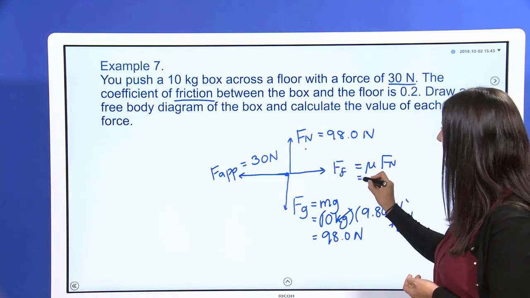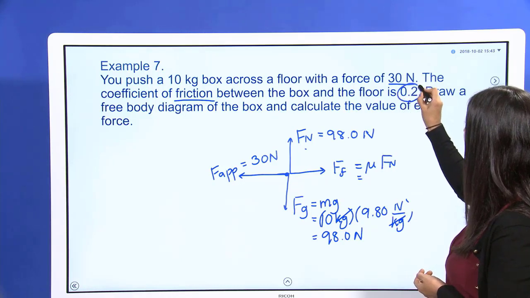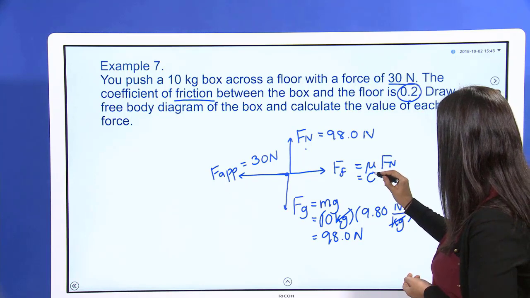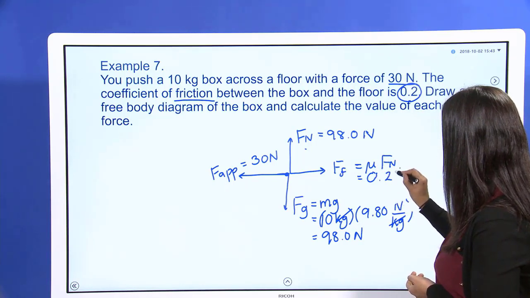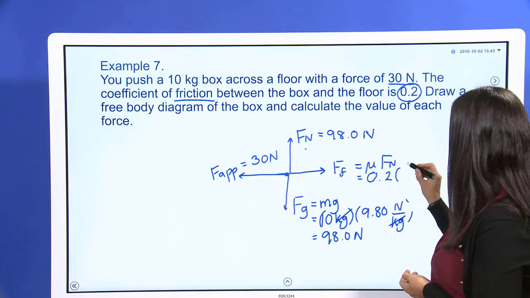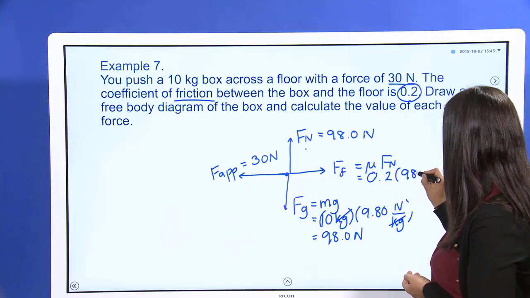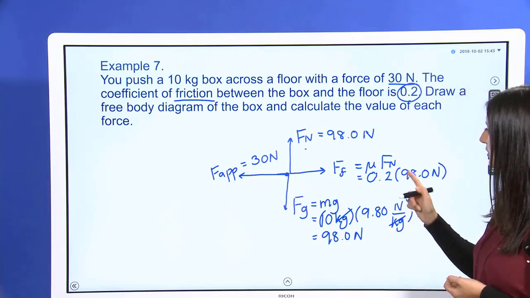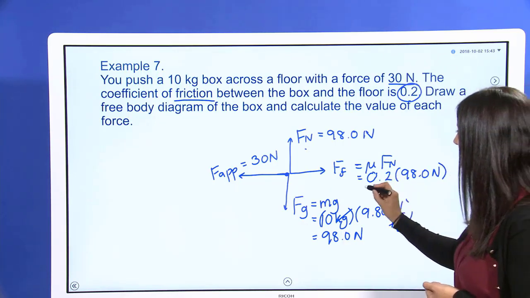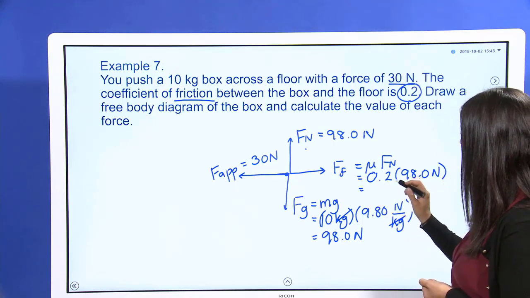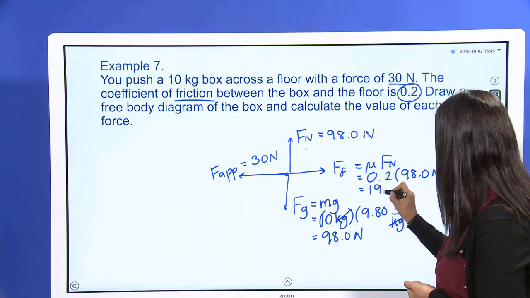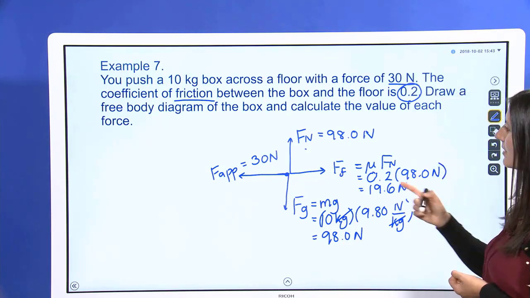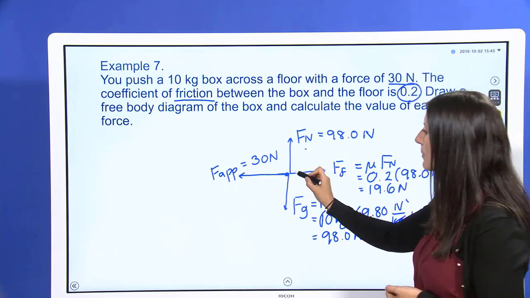In this case, they tell us that the coefficient of friction is 0.2, and my normal force I found over here is 98 newtons. So 0.2 times 98. So I get 19.6 newtons.